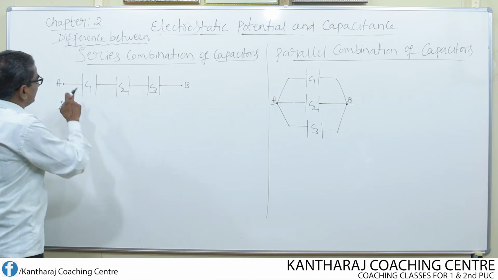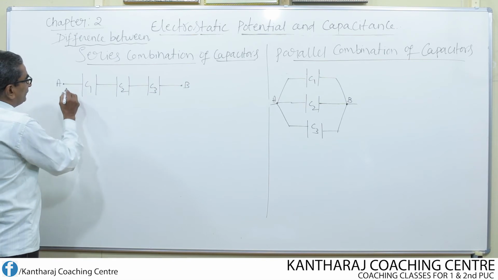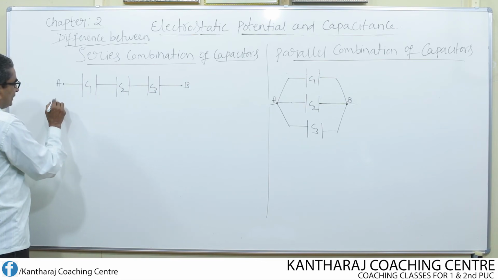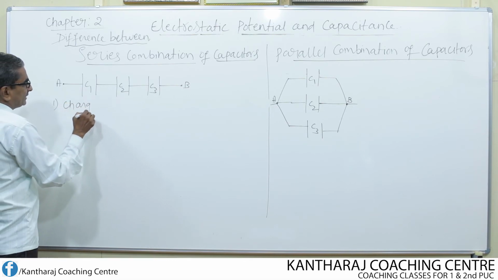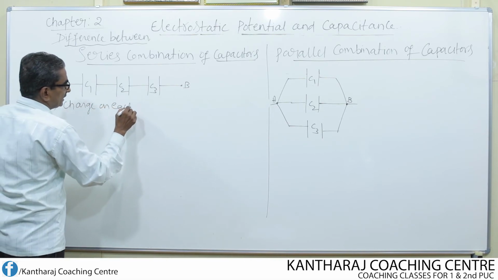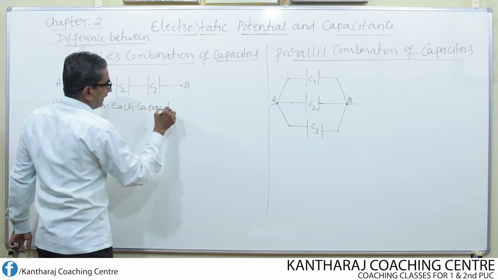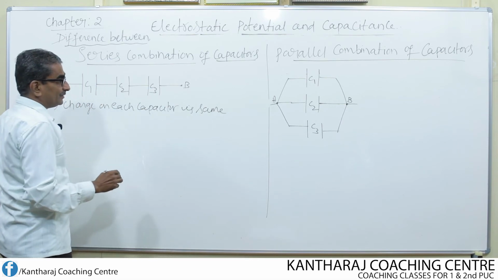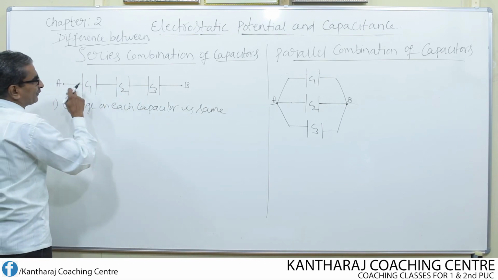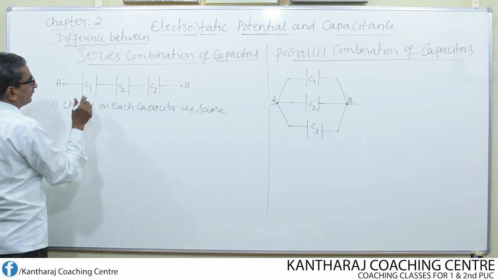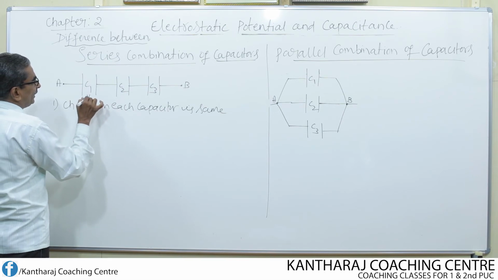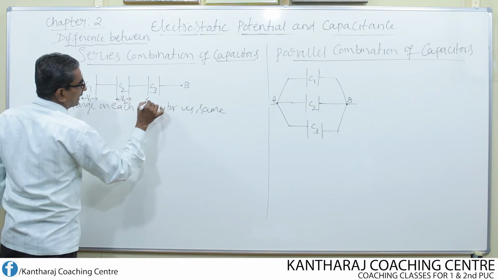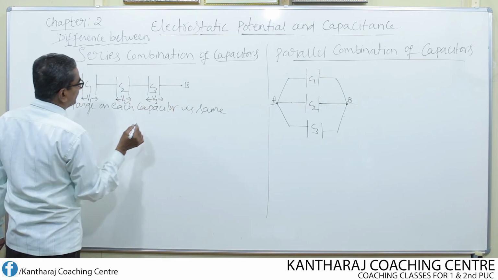Here the first thing is, we know that in case of series combination, the charge on each capacitor is the same, whereas the potential difference across each capacitor is different. That means V1 is the potential difference across the first capacitor, V2 across the second and V3 across the third capacitor.